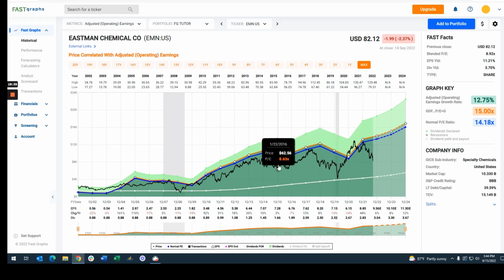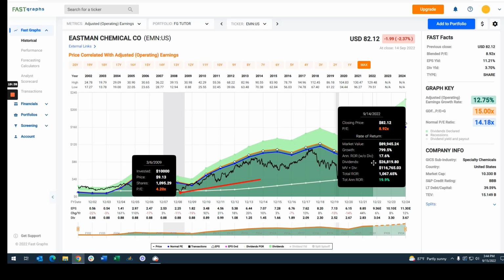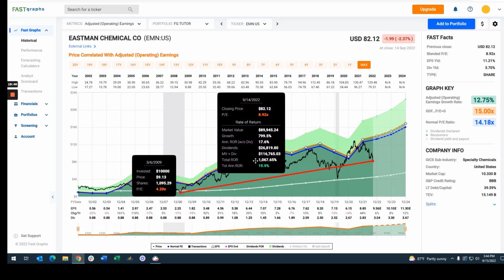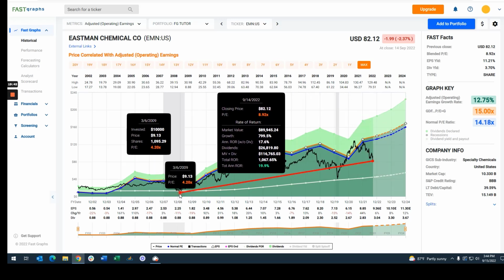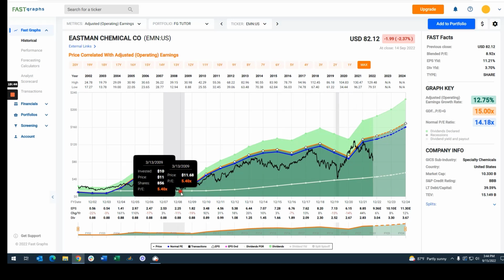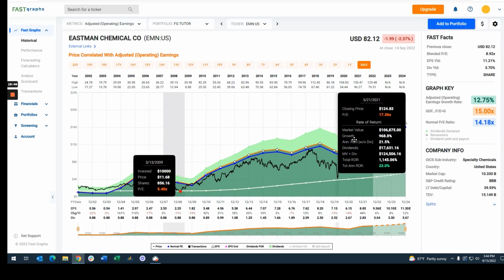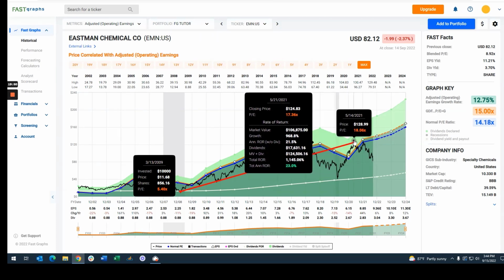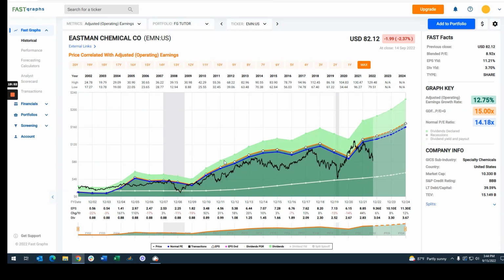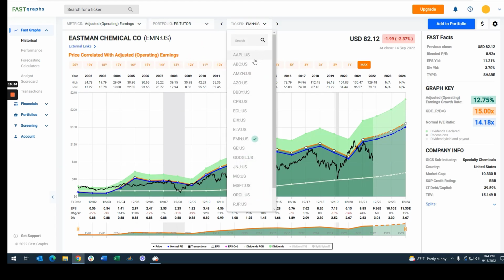Even a cyclical stock like Eastman Chemical, when you buy it when it's inexpensive, you can still generate very high rates of return. If you buy it when it's inexpensive and watch it get to a premium valuation, you can make really exceptional rates of return. But Fast Graphs allows you to see this kind of thing almost instantly just by looking at the company.